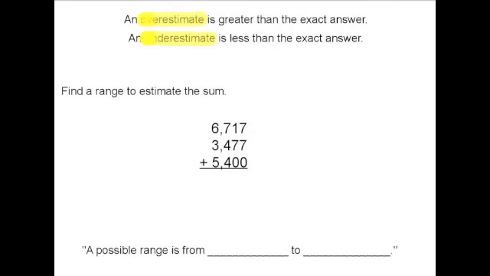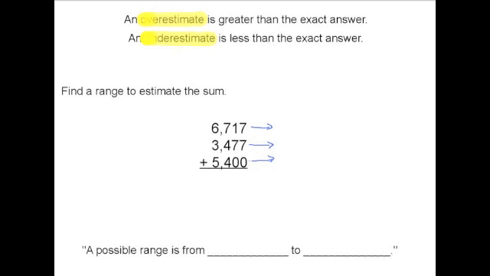Now I can also figure out a range for a problem with estimation, and to find a range I will use both an overestimate and an underestimate. So an overestimate is greater than the exact answer. That means that I am going to round every number in my problem up, disregarding some of the rounding rules that we know.